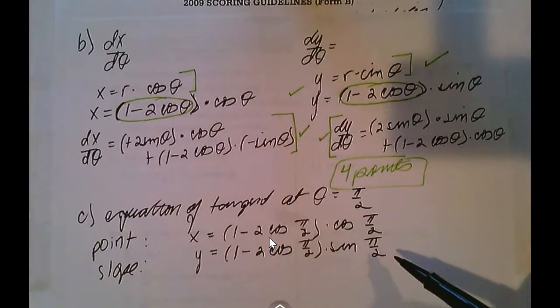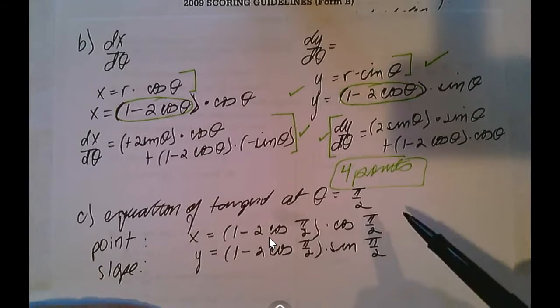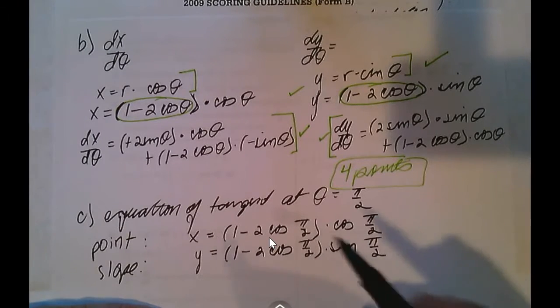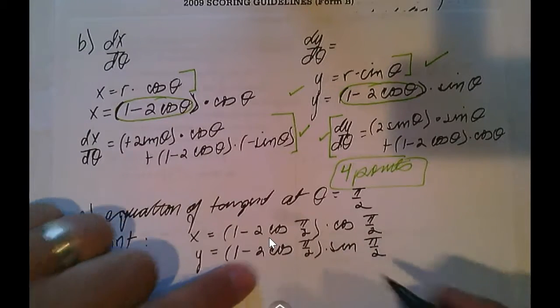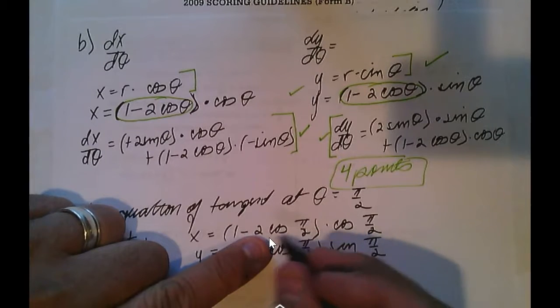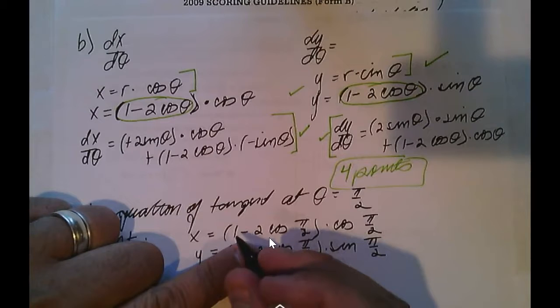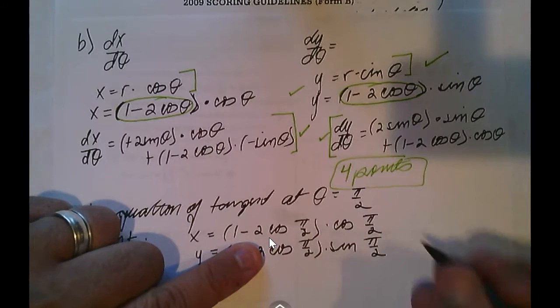Now remember, you're on the free response part of the test. There is no need to simplify these answers. They're all numerical values. But let's give ourselves a little bit of trig practice, though you could stop here. The cosine of π/2 is 0, times 2 is 0. 1 minus 0 is going to be 1.